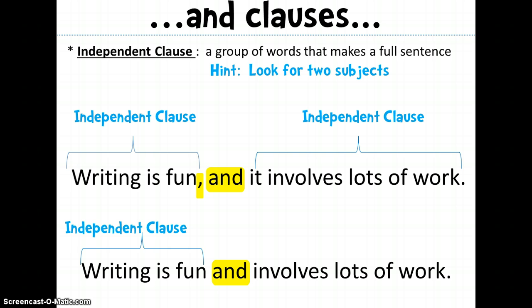We don't know what involves lots of work. This would not be able to stand by itself as a full sentence. And it's not a clause because it does not contain a subject and a verb. So this is a phrase. Now notice, whenever we have an independent clause joined with a phrase, we do not have a comma in between the independent clause and the phrase. That's because the phrase needs to be a little bit closer, not so separate from that independent clause that's making it a full sentence.